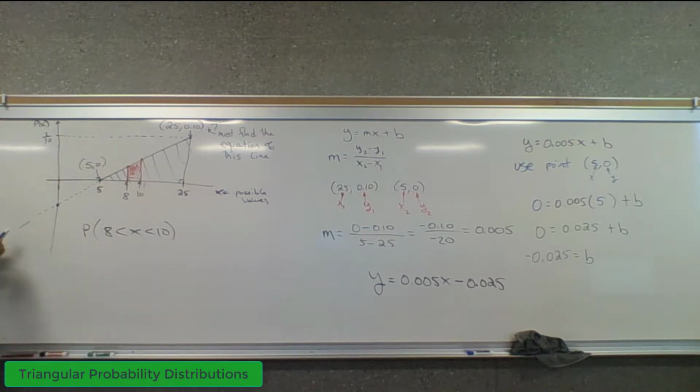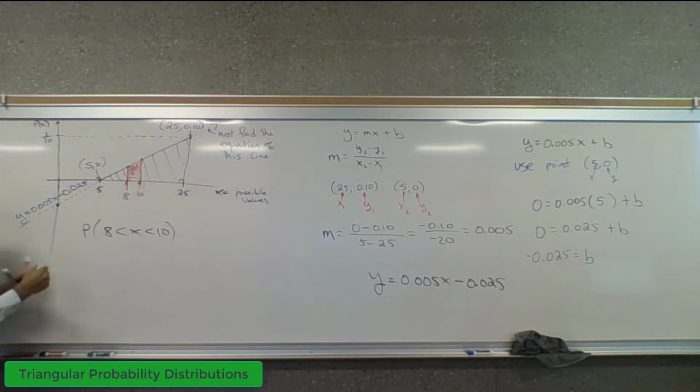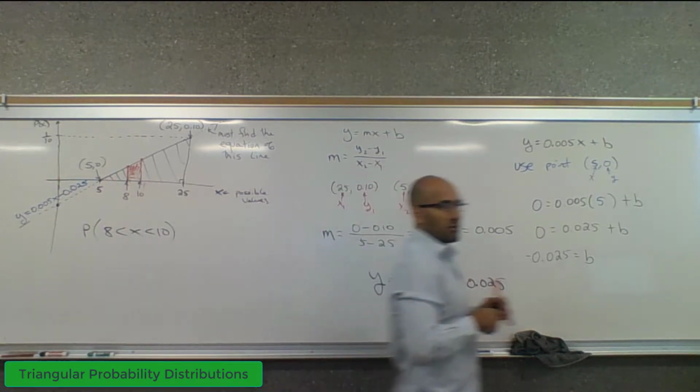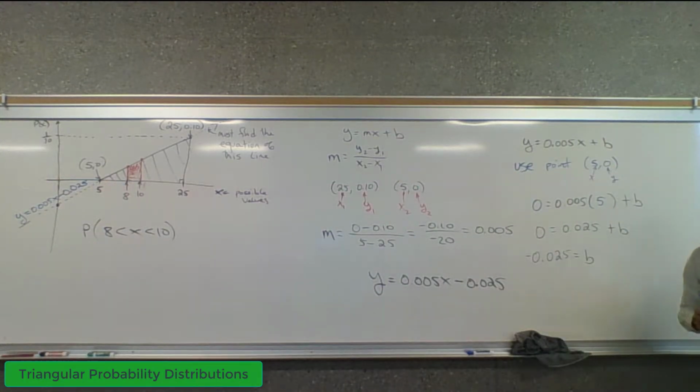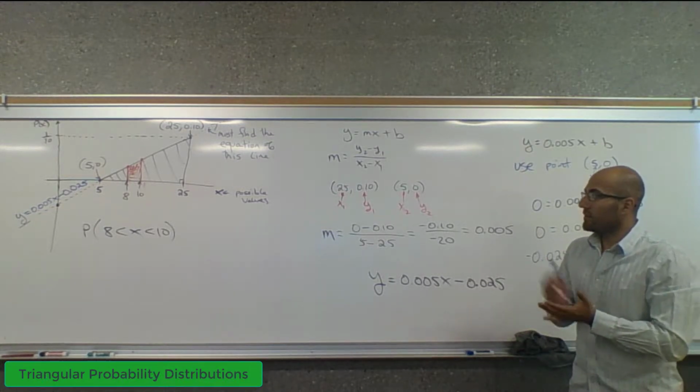So this line right over here, I can put it on here, is y equals 0.005x minus 0.025. Any questions? Okay, I know it's getting kind of heavy in here.